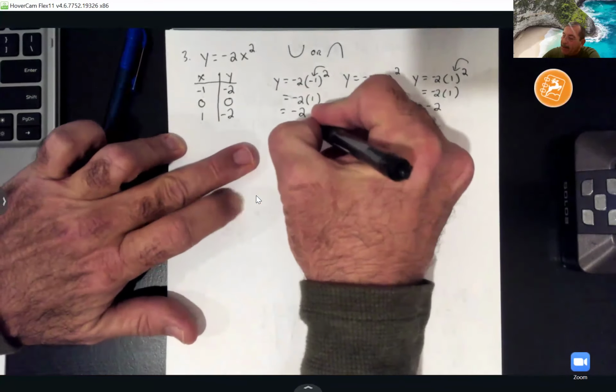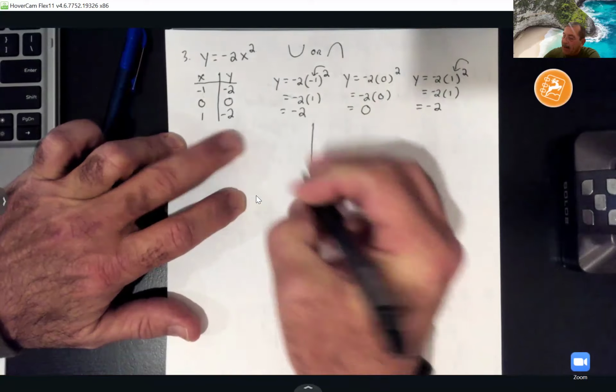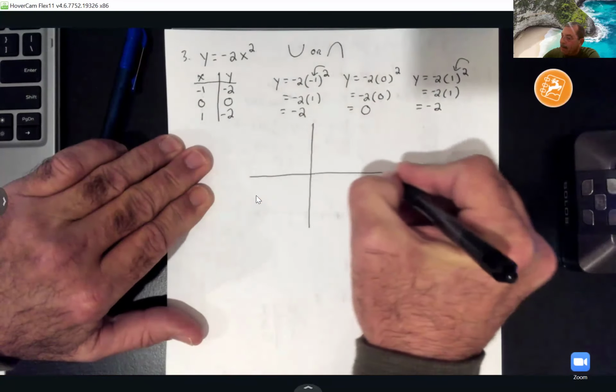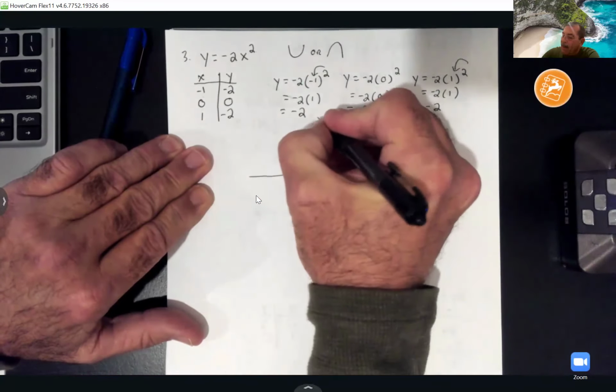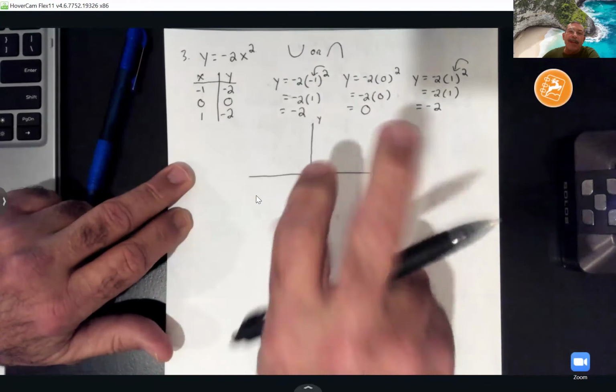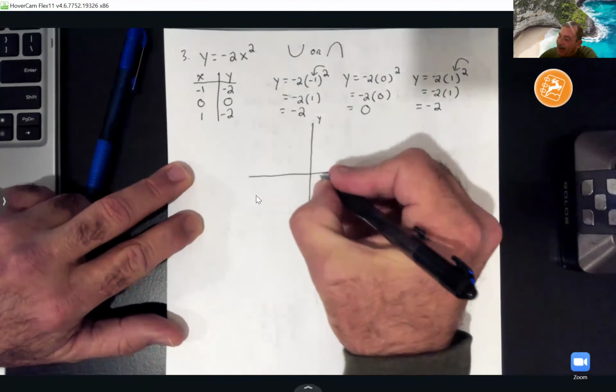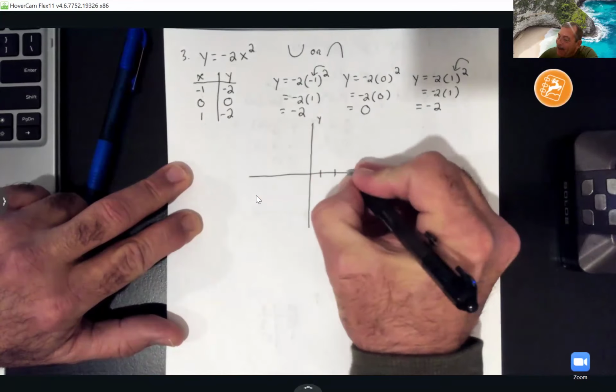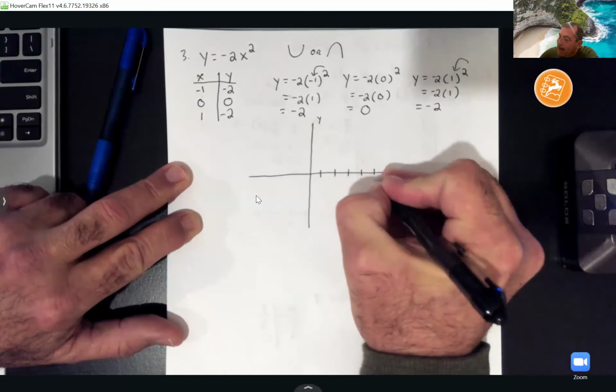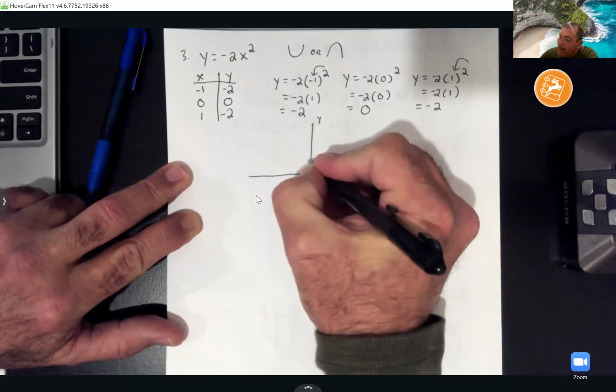So I'm just going to graph this one by hand again. And I try to keep my numbers small, then I can keep my graphs a little bit smaller.